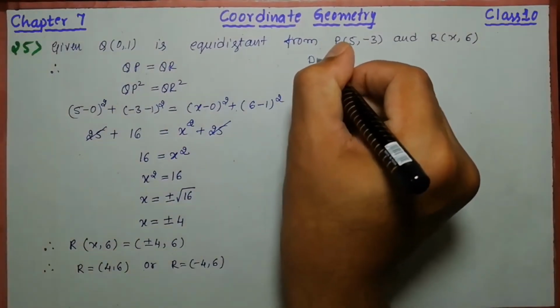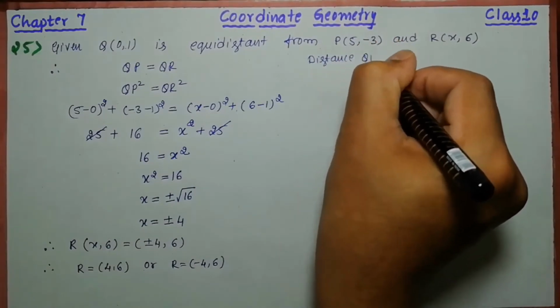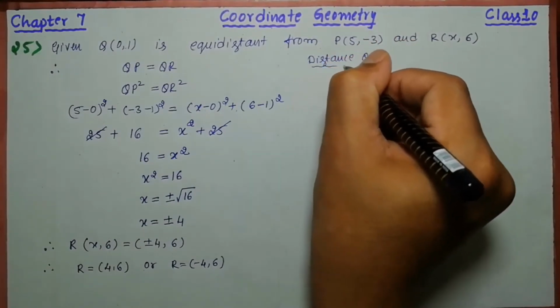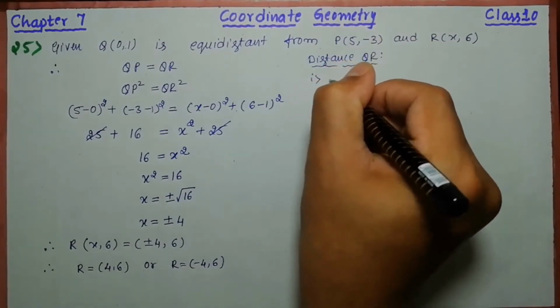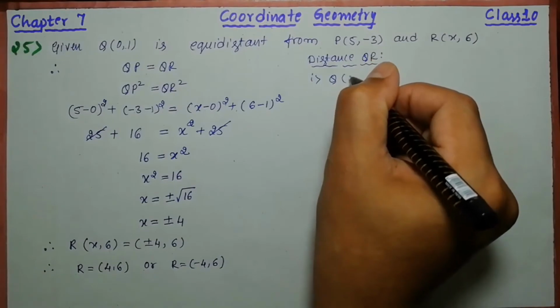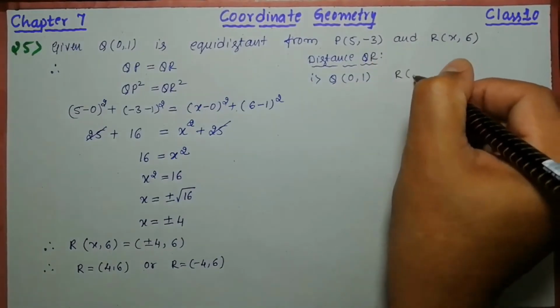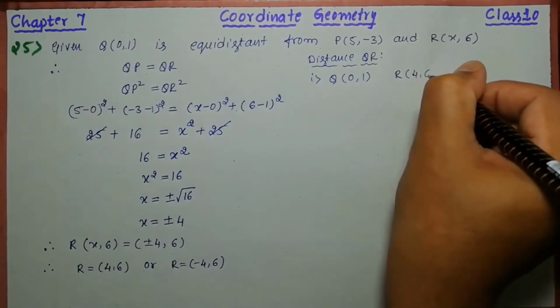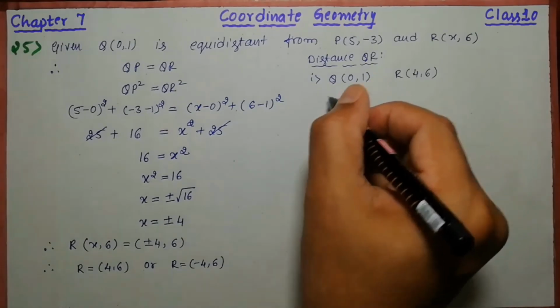I'm going to find out distance QR here. Here two cases arise, because once you need to take Q as 0 comma 1 and R as 4 comma 6. In the next case I'm going to take R as minus 4 comma 6. Now look at here.